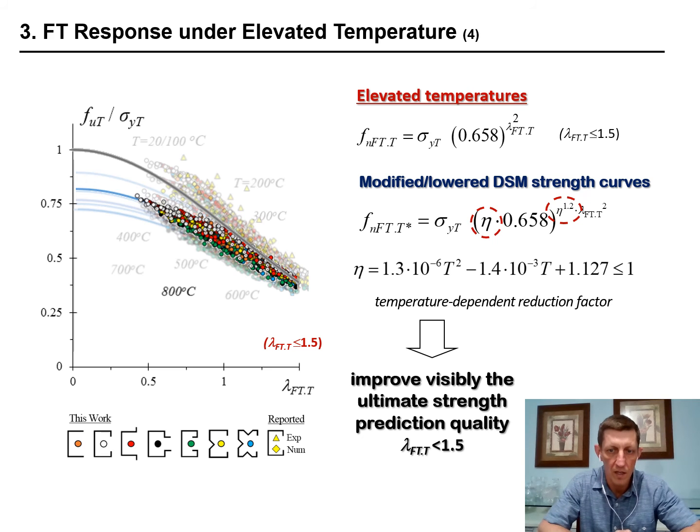As one can see, this curve improves visibly the ultimate strength prediction quality for columns displaying lambda below and equal to 1.5.